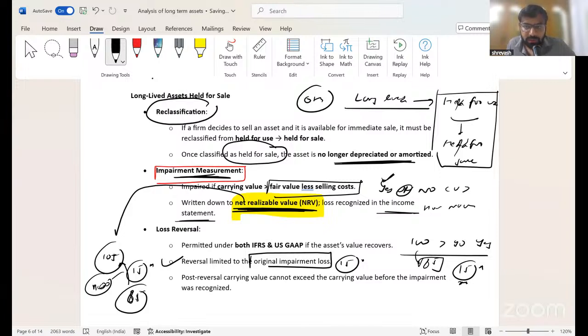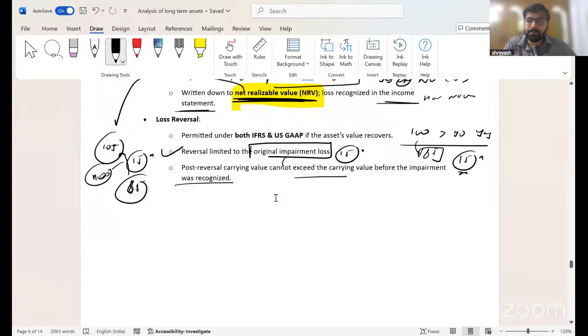And post the reversal, of course, the carrying value cannot exceed the value it had before the impairment loss. When I said original cost earlier, I didn't mean the price at which it was purchased; I meant the cost from where the impairment was made, basically that carrying value. So it can rise to a maximum of 100, not more than 100. That is what the test is. And that was your loss reversal.